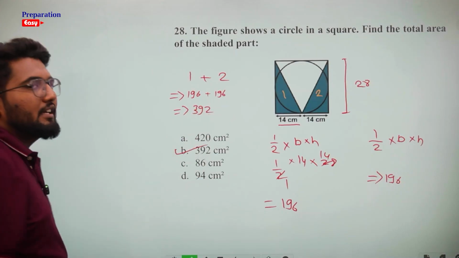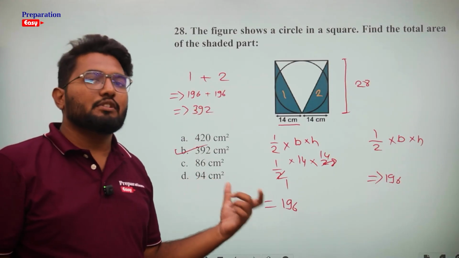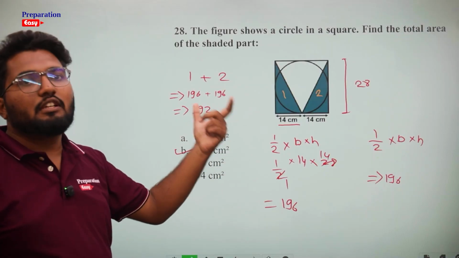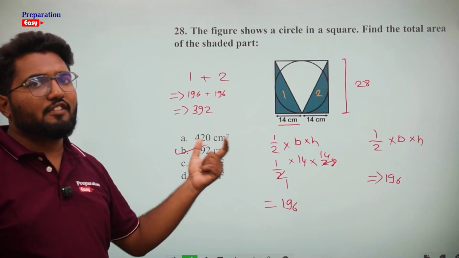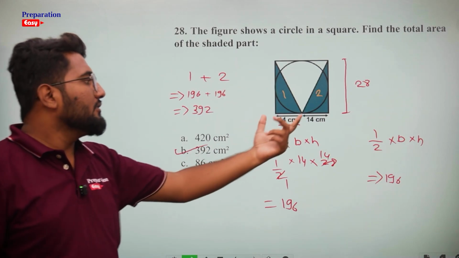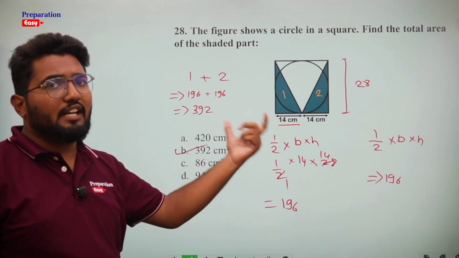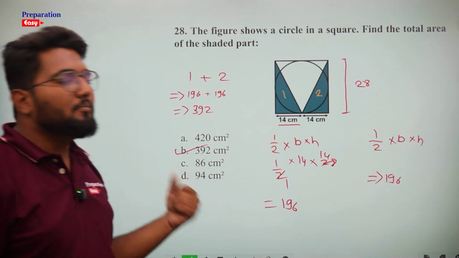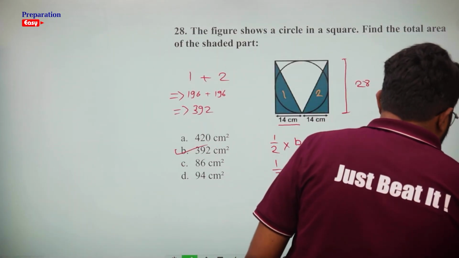Okay, so our correct answer will be 392 centimeter square. How did we find it? We used the area of triangle, and for height we used the side of square, that is 28 centimeter. Okay, let's move towards next question.